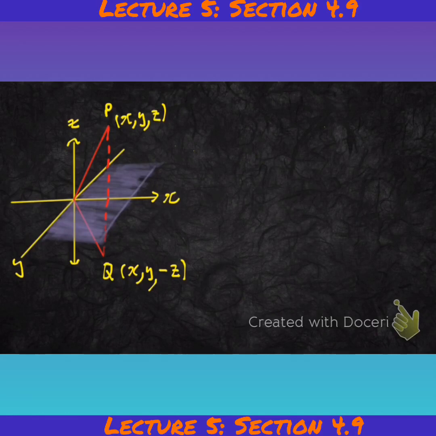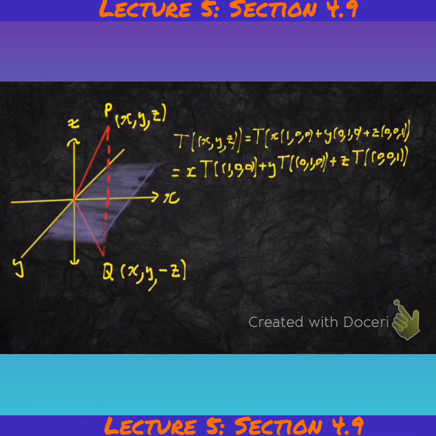Because we previously looked at an example, if we look at the transformation T, it acts on that vector x, y, z. We can write the vector x, y, z as a linear combination of the standard unit vectors, and then distribute T over the sum, because T is a linear transformation.